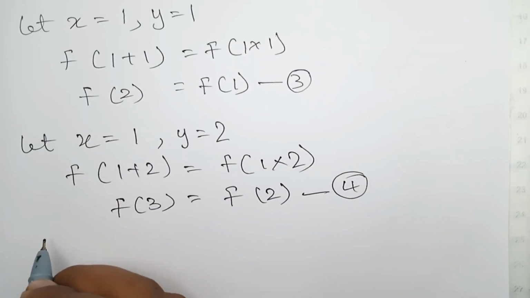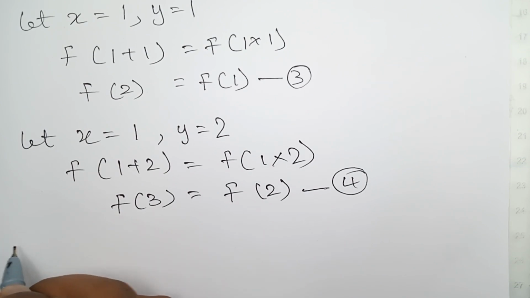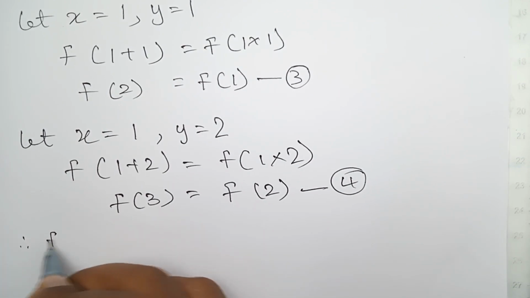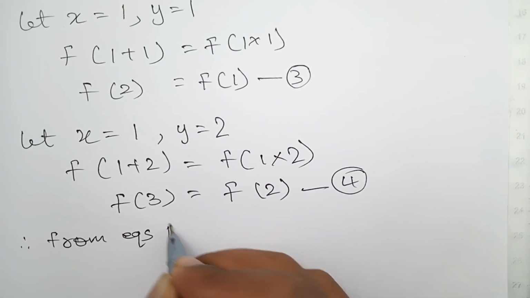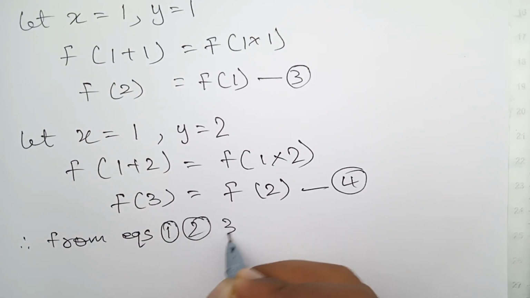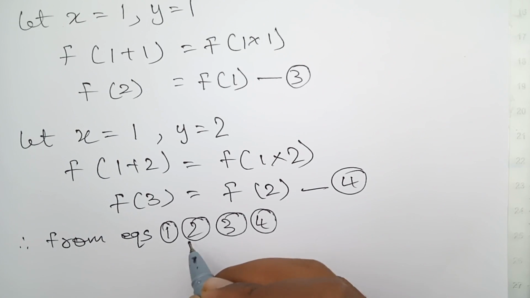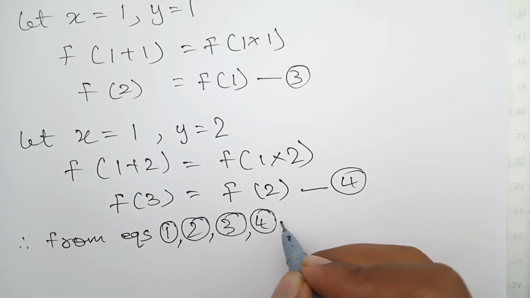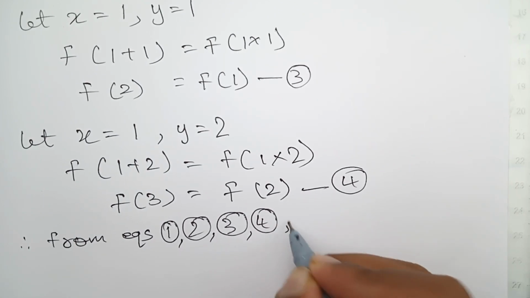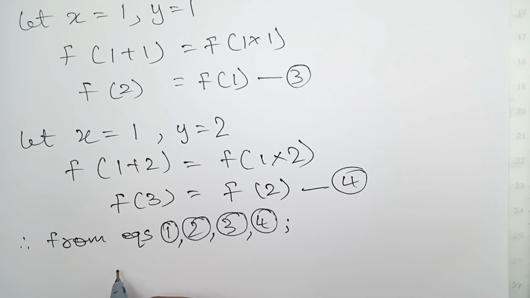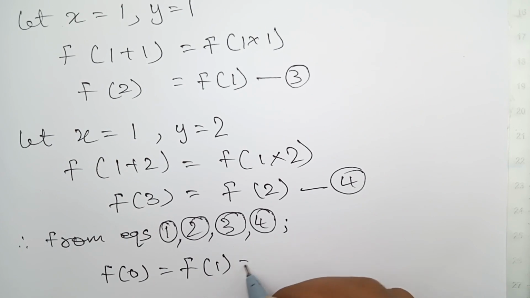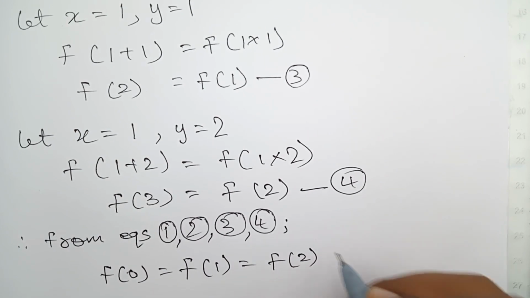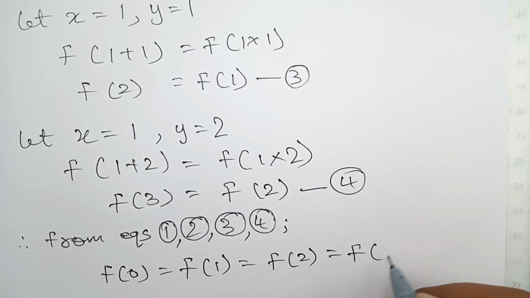Therefore from equations 1, 2, 3, 4 we can conclude that f of 0 is equal to f of 1 is equal to f of 2 is equal to f of 3.